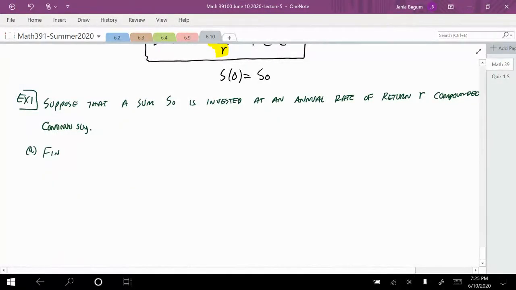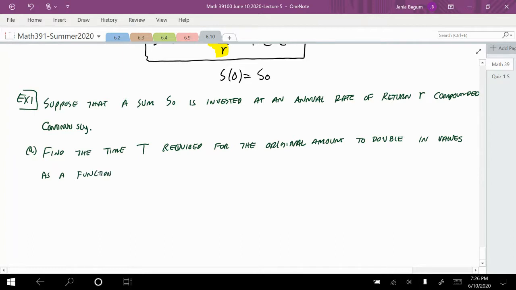Part A, we want to find the time T, big T, required for the original amount to double, in values as a function of R. Okay, so that's the first part.